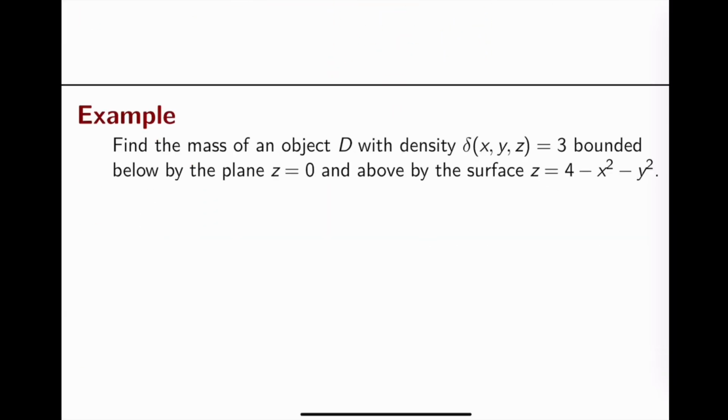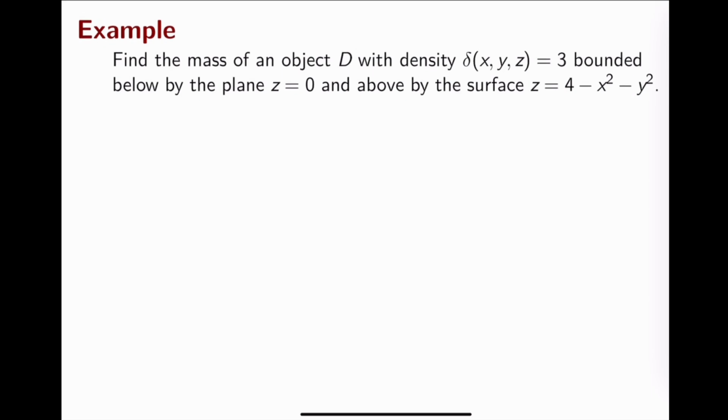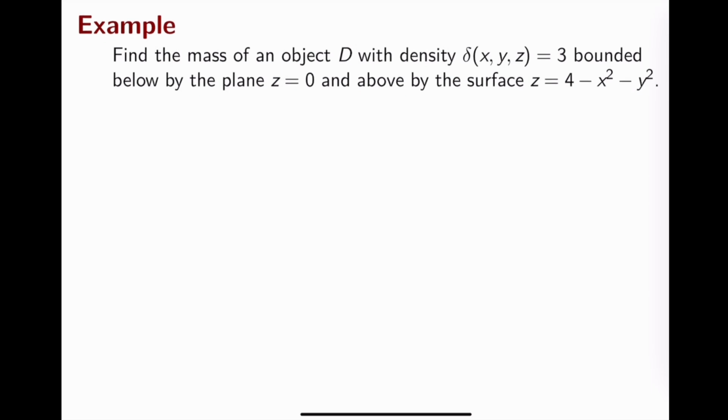So, for instance, to calculate the mass of an object D whose density is 3, I mean it is uniformly dense, in all the points of the object the density is equal to 3. And this object is bounded below by the plane z equals 0.